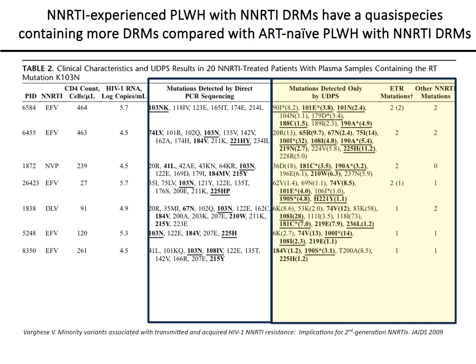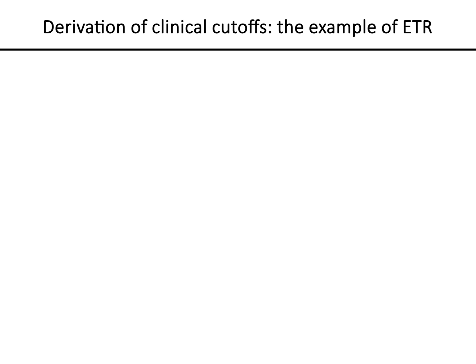However, as the study on this slide and other similar studies have shown, acquired NNRTI resistance is often associated with additional drug resistance mutations that may not be detectable by standard sequencing. There was only one clinical trial in which NNRTI experienced participants were randomized to a different NNRTI.